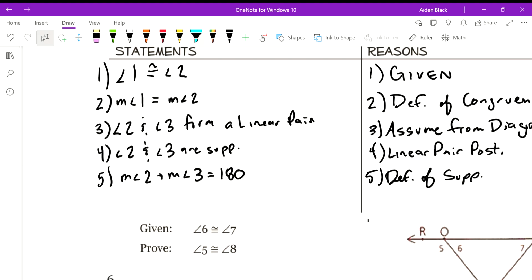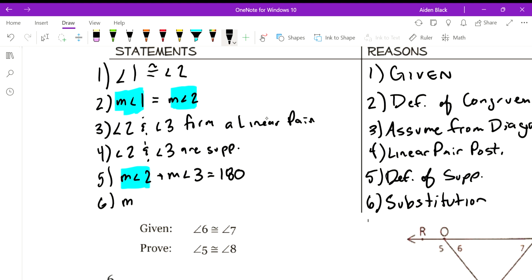Now here's where what I wrote earlier comes into play. I know that the measure of angle 1 equals the measure of angle 2. So I'm going to substitute, and we can only use substitution in this case. We cannot use the transitive property here. Substitution. I'm going to write the measure of angle 1 plus the measure of angle 3 equals 180.